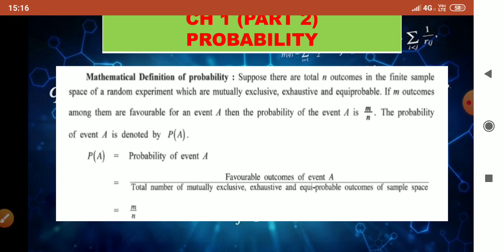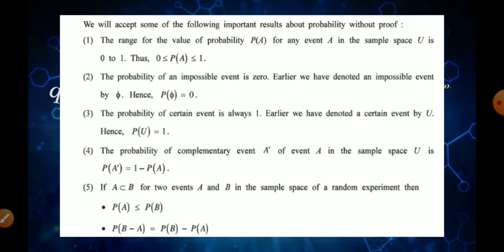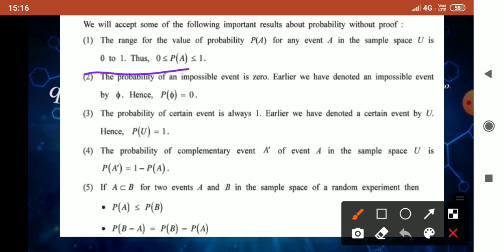Now we will move further. Here you have to accept this result without any proof. We have to learn this. First of all, the very first thing is the range of the probability. Probability cannot be negative, that is, it cannot be less than 0, and it cannot be more than 1.